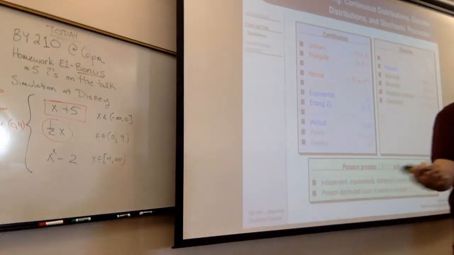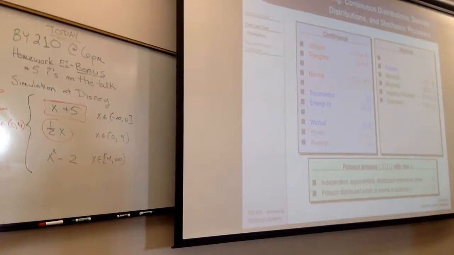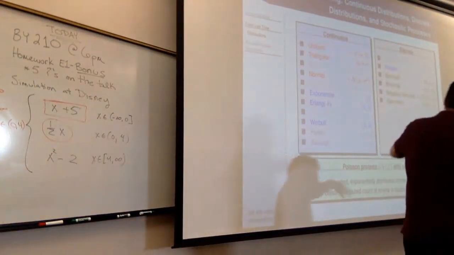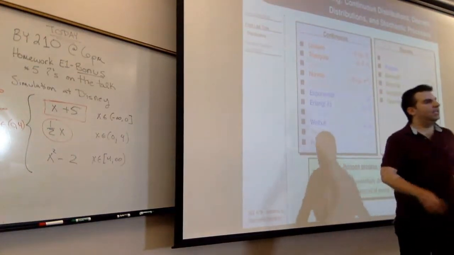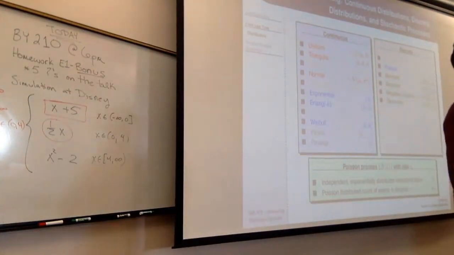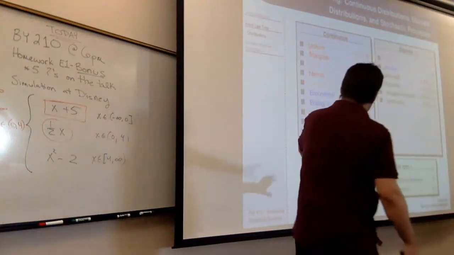The Poisson distribution is a discrete distribution. It has a parameter, sometimes called alpha. And if you replace that parameter with lambda times your interval tau, then you get the count of events that occur in that interval. Those two things go together.